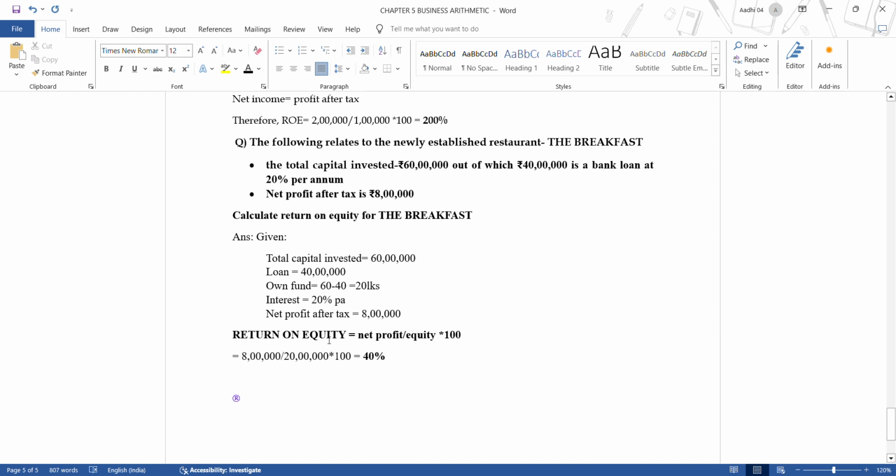Now we don't have equity given here, but it is known, because total capital is given and the loan amount is also given. Taking the difference, you get the total owned fund. Owned fund means equity fund. So 20 lakh is the equity, 8 lakh divided by 20 lakh into 100 gives 40%. I hope this question is clear.